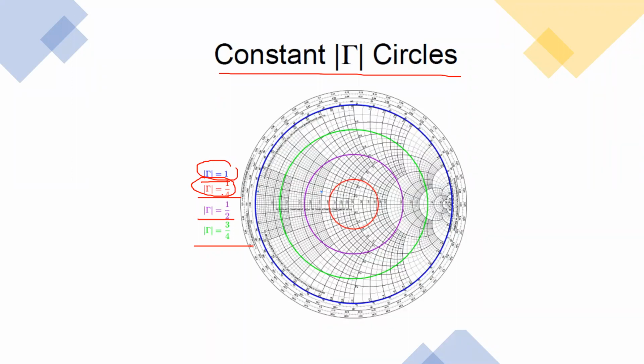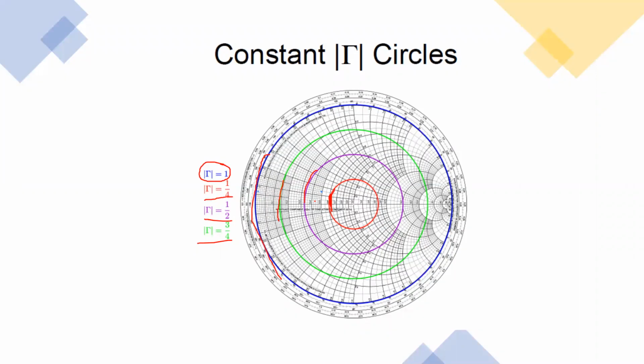So R is equal to 1 is this blue circle what you are observing. 1/4, that is 0.25, is actually the red circle over here. Then this one is the purple circle, which is 0.5, and this one is 0.75, this circle.